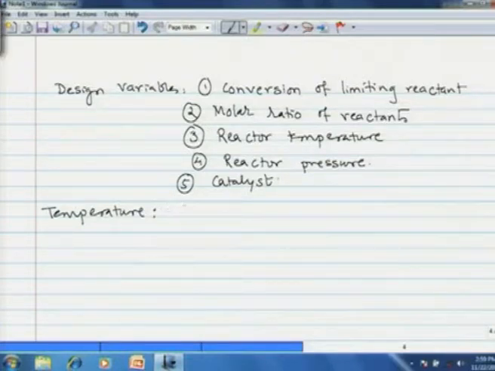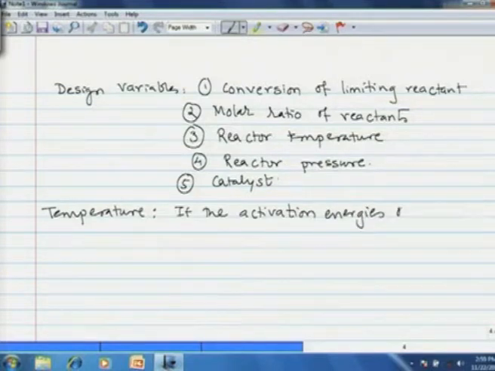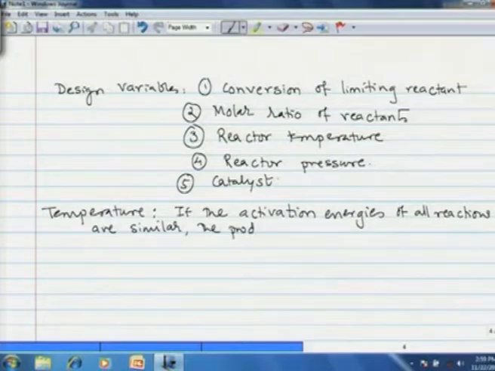So, that point we note: if the activation energies of all reactions are same or similar, the product distribution will not be affected by variation in temperature, because rates of all reactions that lead to different products will vary almost the same with temperature.